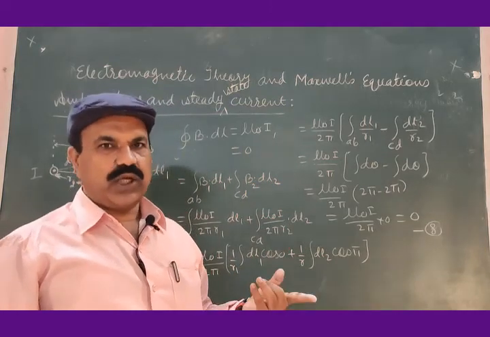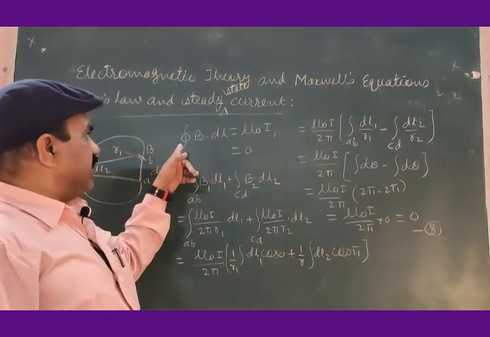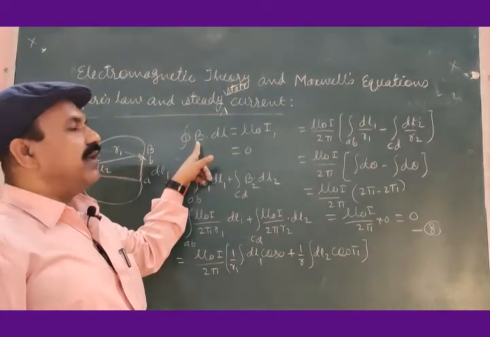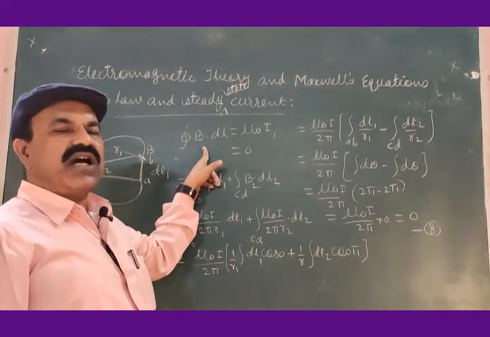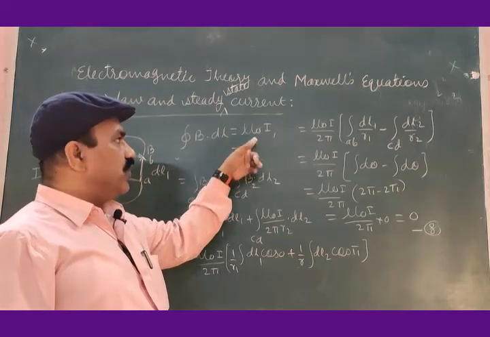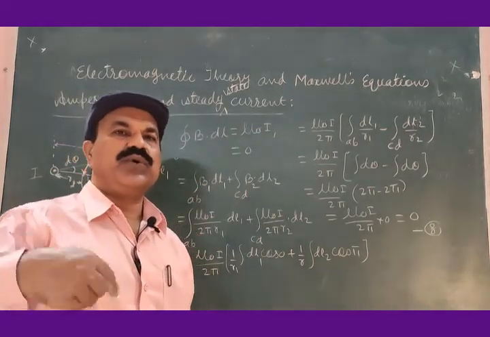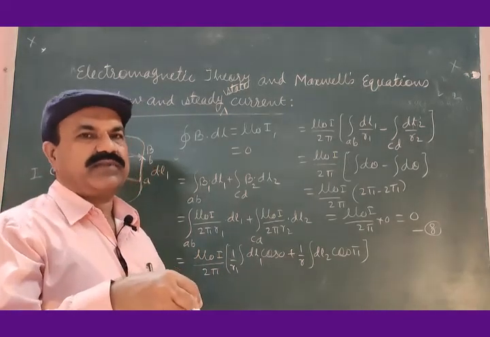Ampere's circuital law: line integration over a closed path of the magnetic induction around a loop is equal to mu 0 I if this current I is enclosed by the closed path.